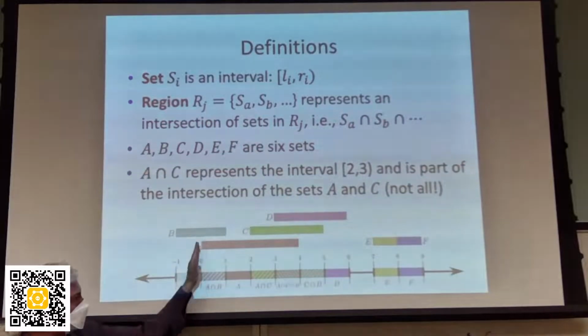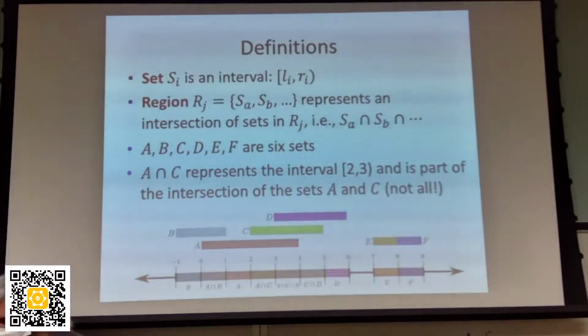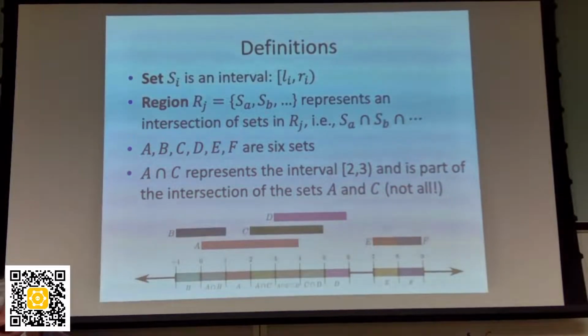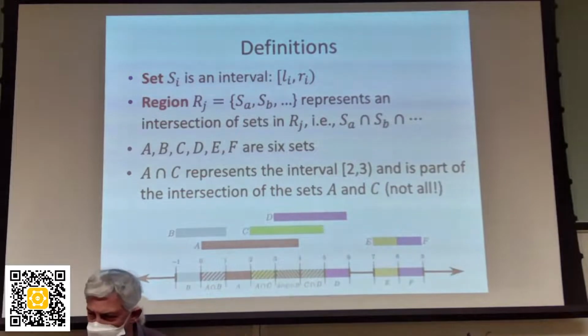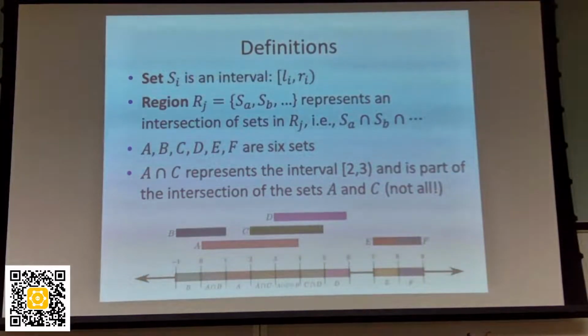Because this is where A starts, this is where A ends, so all the regions must have A in it. Is that clear? So if I can order these in a way that rule is satisfied, then I will have the right answer.